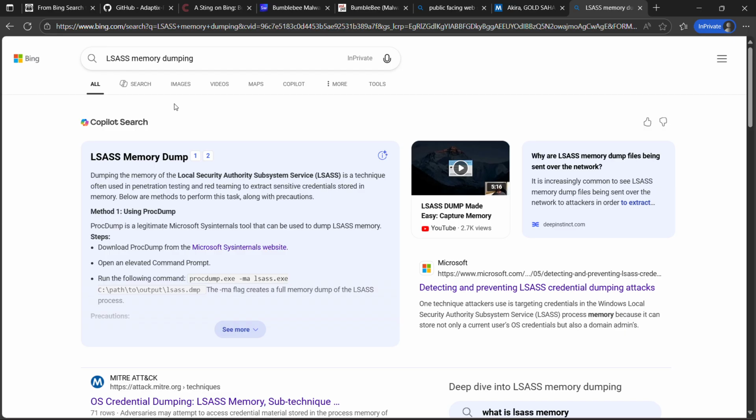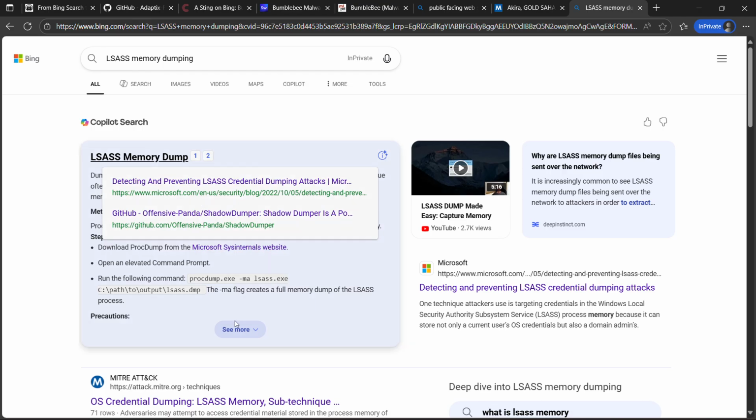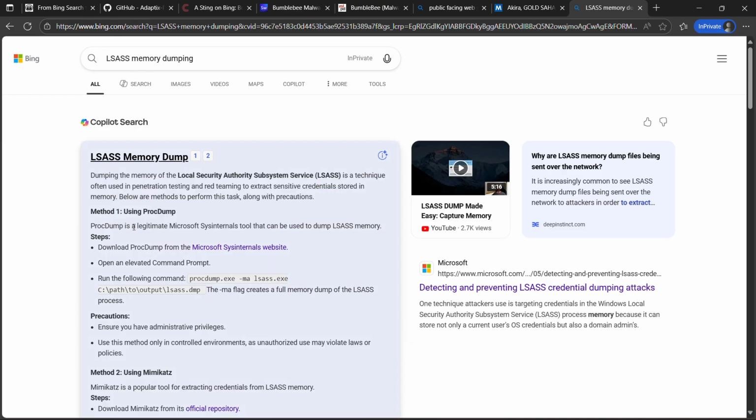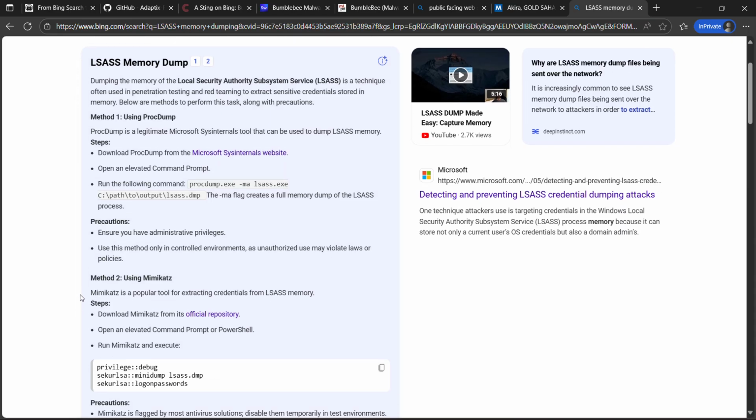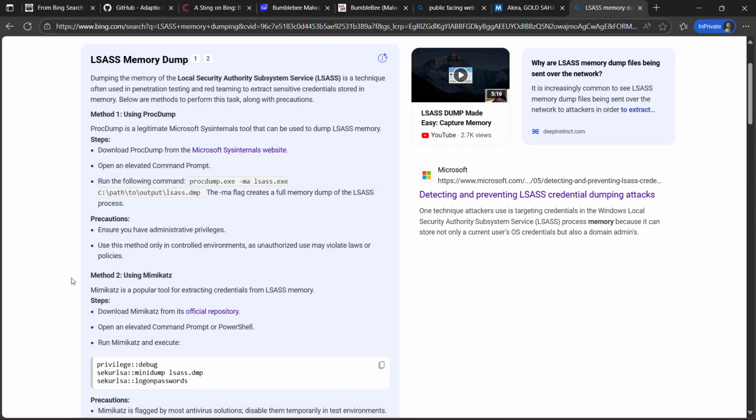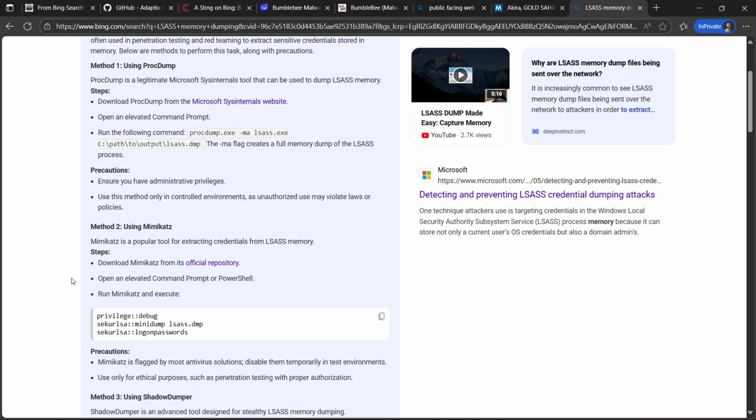LSASS memory dump is a technique often used by penetration testing and red teaming to extract sensitive data and assets stored in memory. ProcDump is a legitimate Microsoft Sysinternals tool that can be used to dump LSASS memory. Mimikatz.